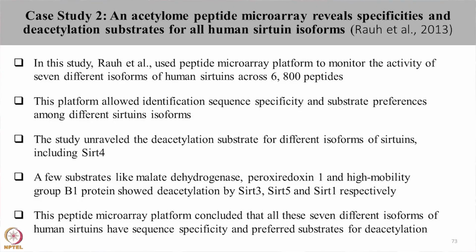Further, they confirmed that malate dehydrogenase protein is one of the targets of sirtuin 3, and peroxiredoxin 1, peroxiredoxin 3 and mitochondrial protein HSP60 are targets for sirtuin 5. This peptide microarray platform concluded that all these different 7 isoforms of human sirtuins have a sequence specificity and preferred substrate for deacetylation.